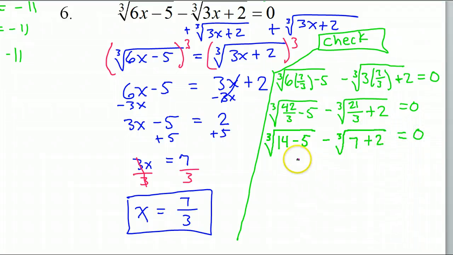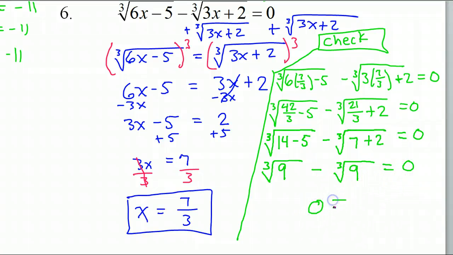And that's supposed to be equal to 0. Now 14 minus 5 is 9. So this would be the cube root of 9 minus the cube root of 9. Now we can't simplify the cube root of 9 any further, but we know that subtracting something minus itself will give us 0. So 0 equals 0. It does check out.